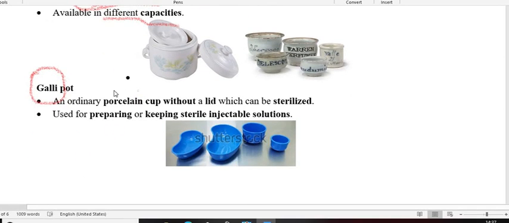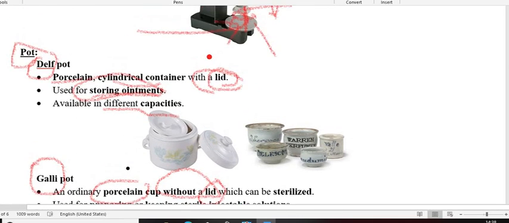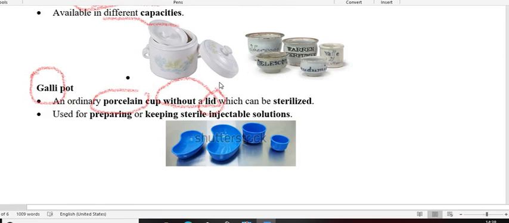Of course, that one is a porcelain cup without a lid, which can be sterilized. Very important, the gallipot should be sterilized, and is made of porcelain and is without a lid. Just opposite to this is the Delft pot having the lid.